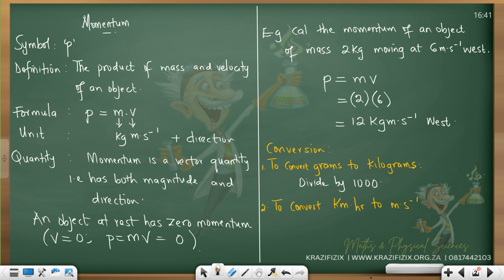So what I do is, I multiply it by 1,000 and divide by 3,600. Always easy, because my kilometers, the K is 1,000. And the time there is 3,600 seconds that make 1 hour. So those are basic things that we ought to have at the back of our mind right from grade 10. The only new thing is just the definition. And from the definition, you have the formula, you can just apply.